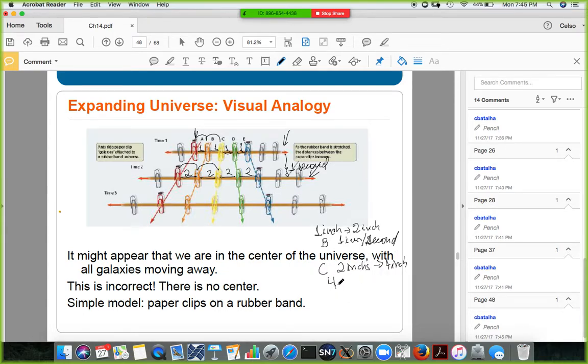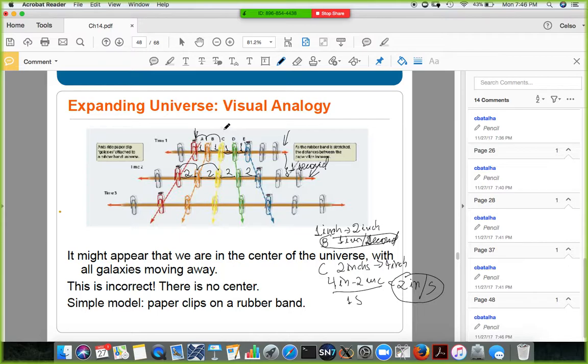Well, 4 inches minus 2 inches divided by 1 second, so 2 inches per second. See, galaxy B is receding at 1 inch per second, and galaxy C is receding at 2 inches per second.